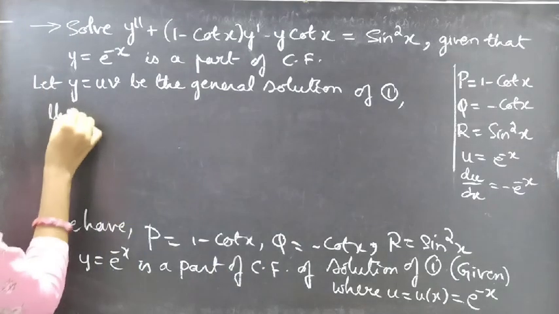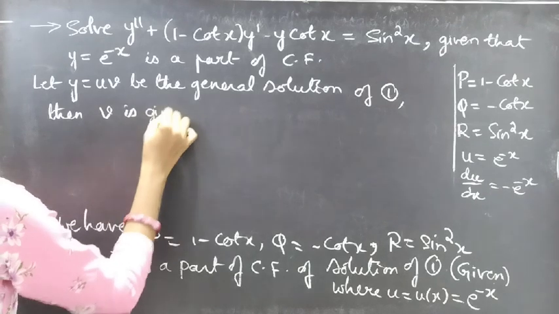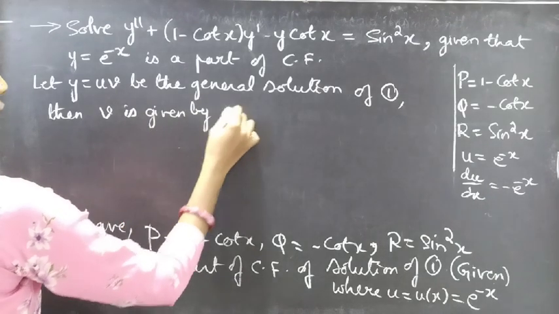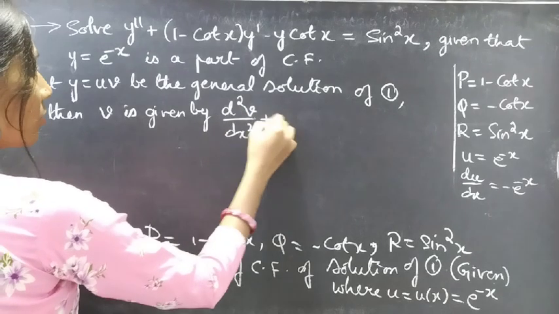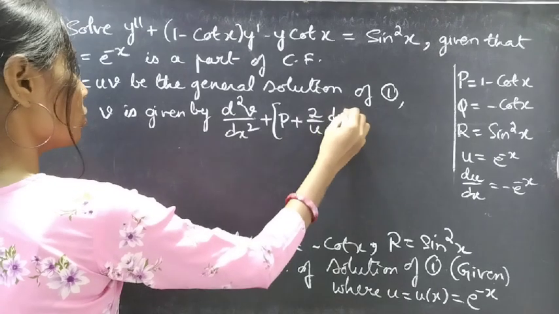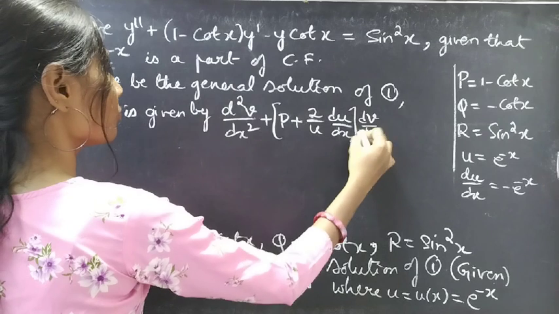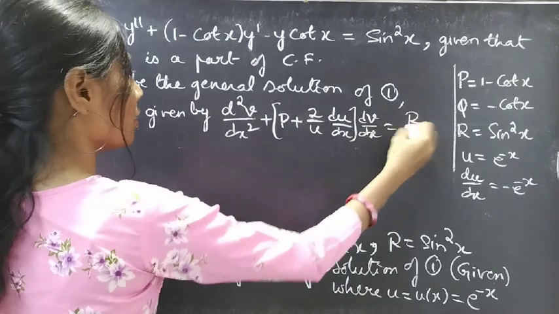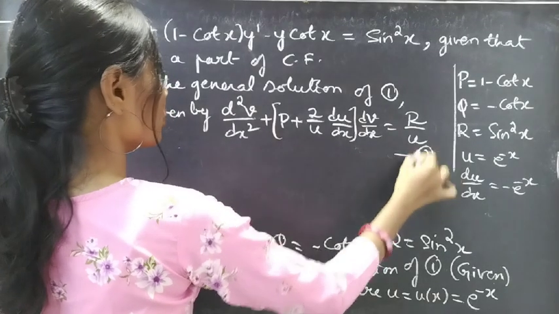Then v is given by d square v by dx square plus (p plus 2 by u into du by dx) into dv by dx equal to r by u. Okay, consider this formula as equation number 2.